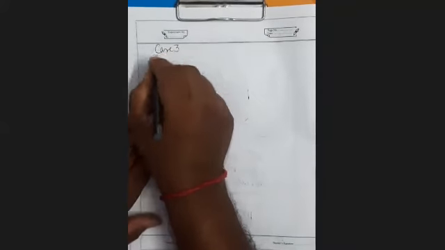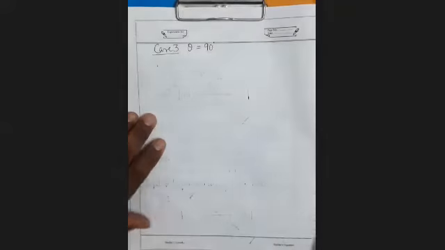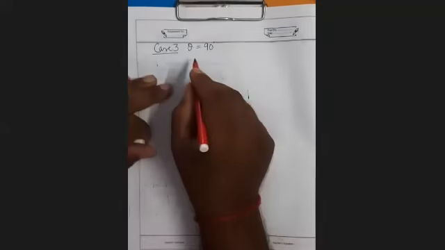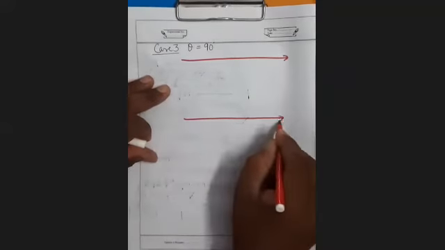Now case 3. Theta equals 90 degrees. Theta equals 90 degrees means if you picturize this thing, it will be like this.